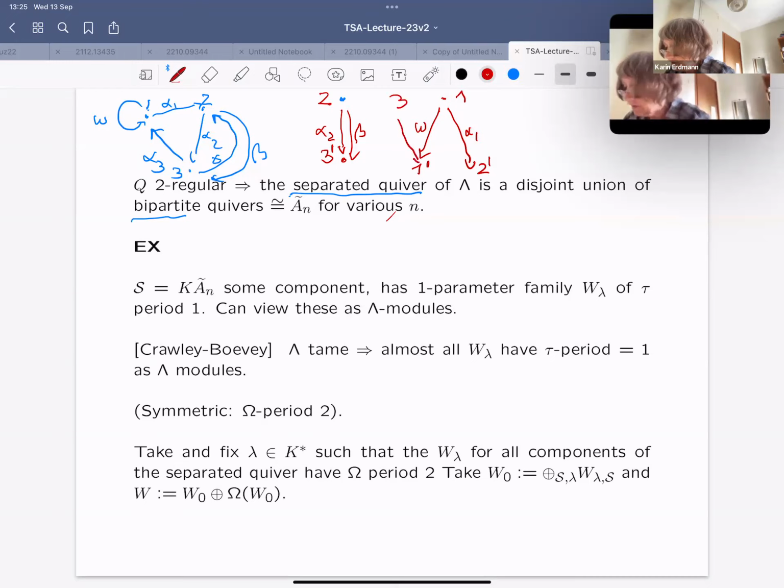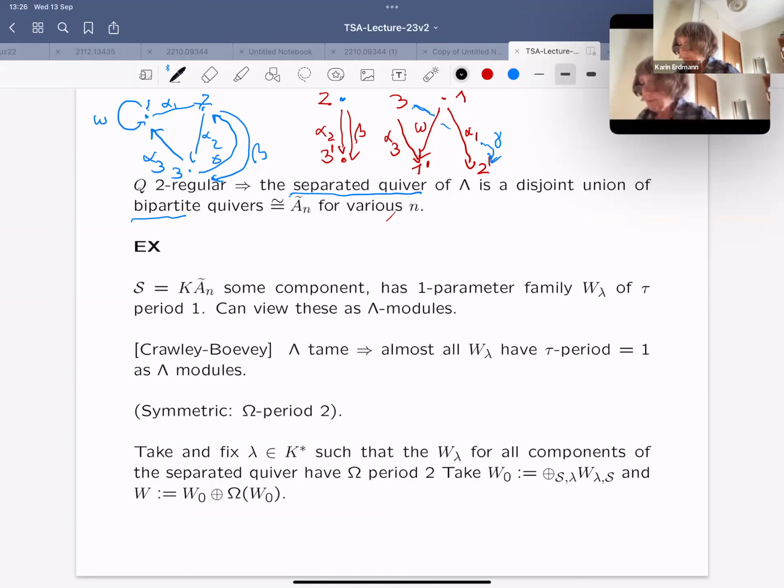So that's this arrow here, alpha 3. And then I have an arrow from 3 to 2 as well, which should be going somehow underneath this thing here. So this is the arrow from 3 to 2, which is called gamma. Right, so this is a separated quiver.